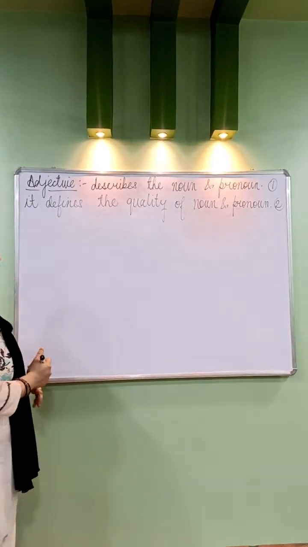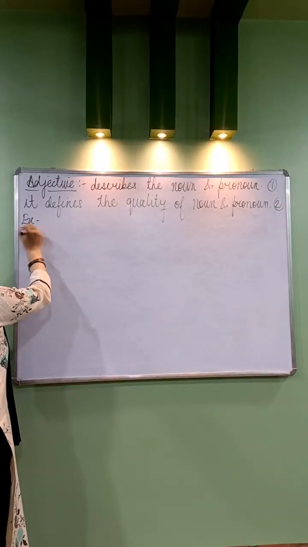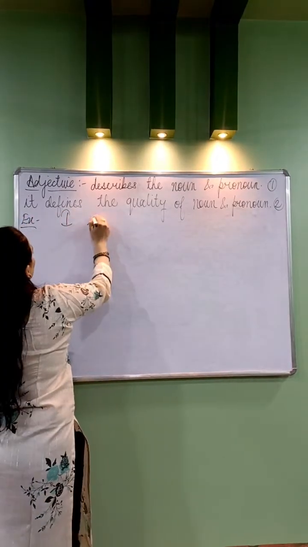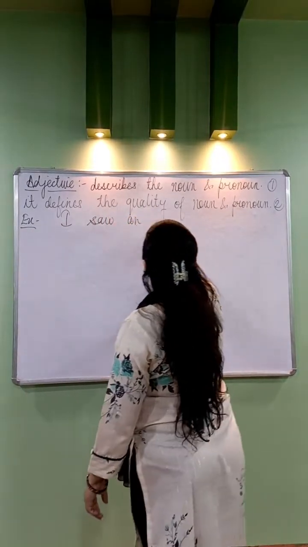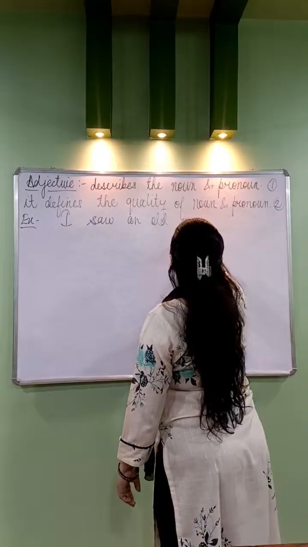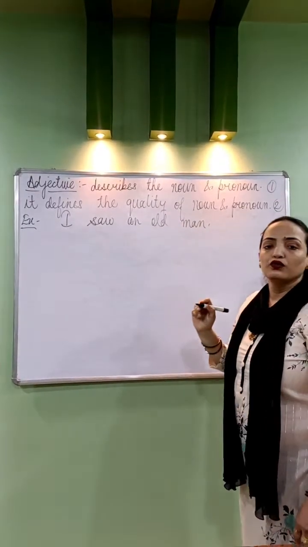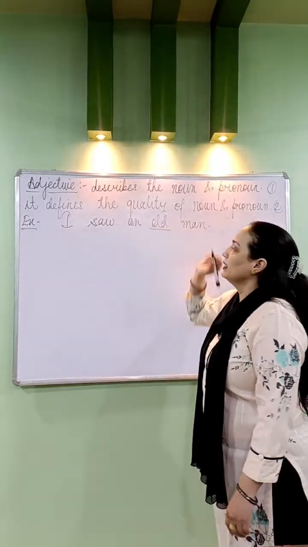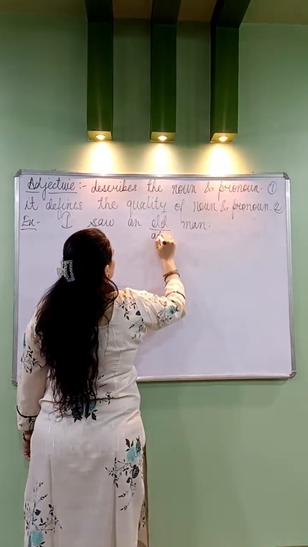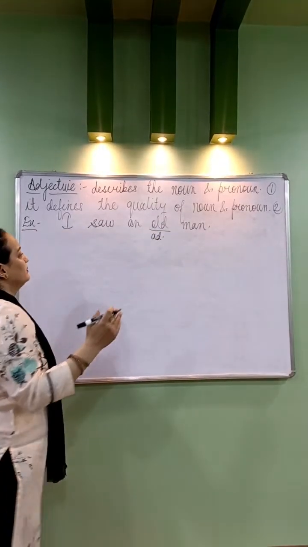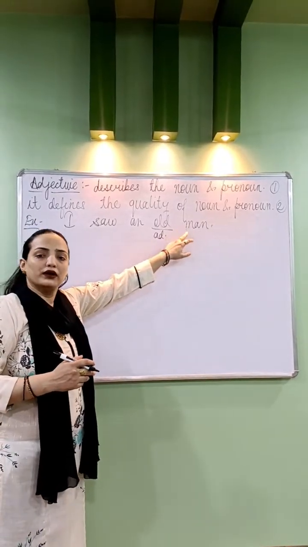So, for example, I saw an old man. Here in this sentence, the word old is the adjective because it is explaining the quality of a noun. Man is a common noun.